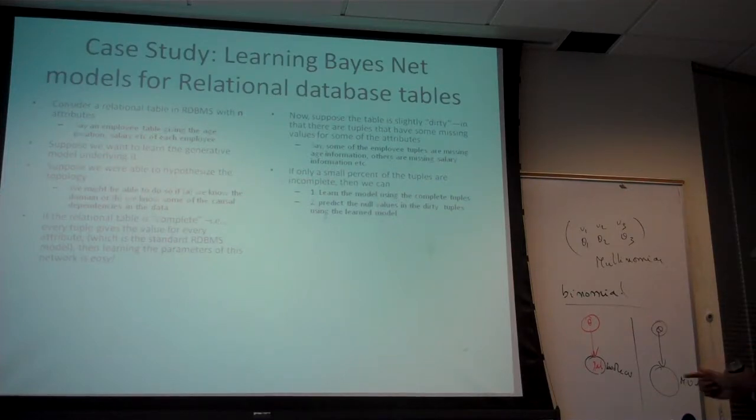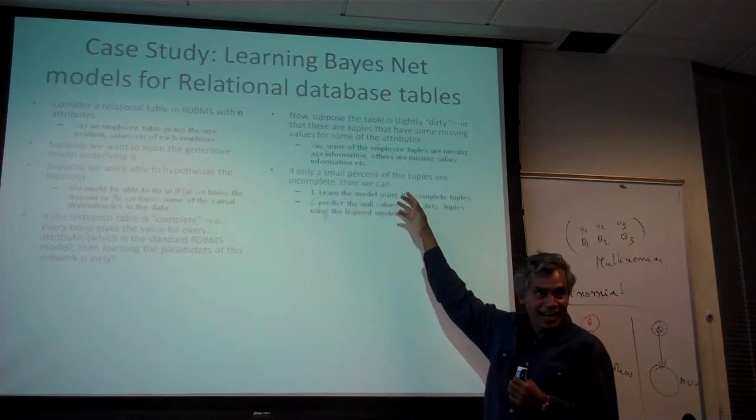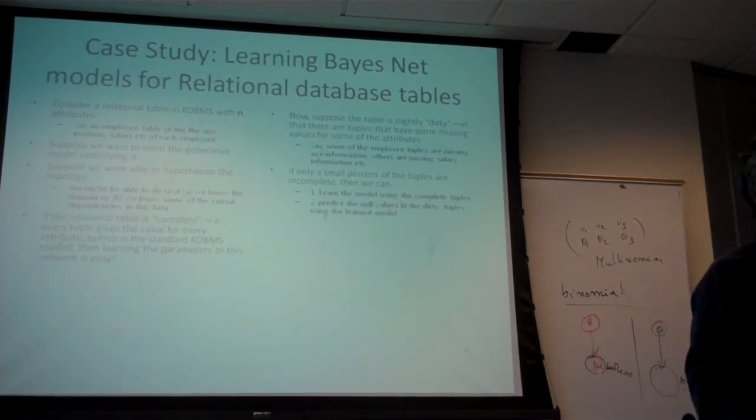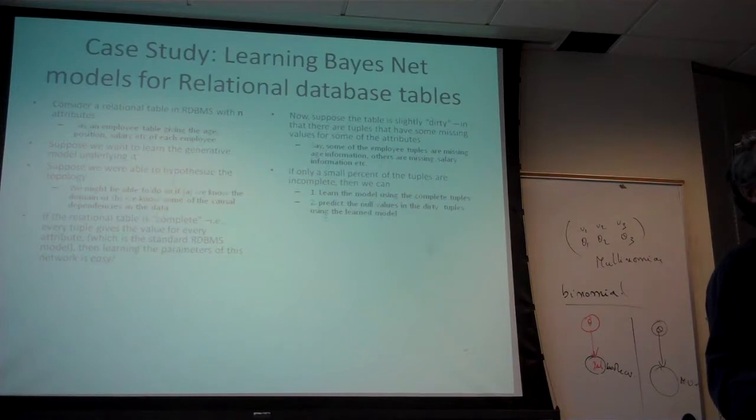So you learned the model based on the clean data, and you predicted the missing values for the remaining data. Now the entire data became complete. Now you become greedy and you say, hey, there's more complete data now, so let me learn again. You might want to think about that.